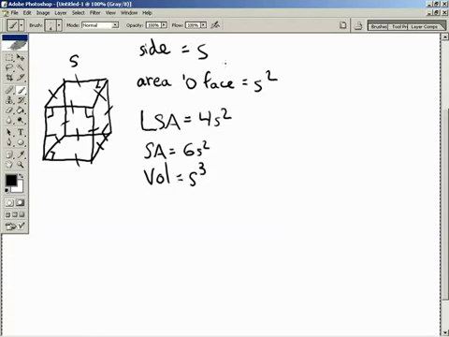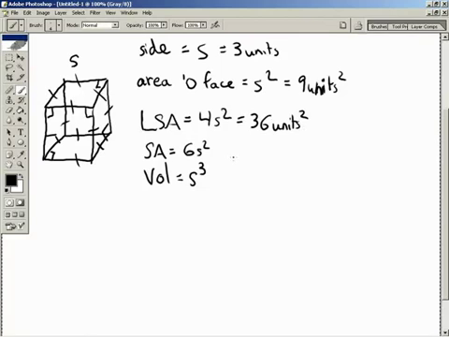So, if the side length was equal to 3 units, then the area of a face is 3 squared, so 9 units squared. The lateral surface area is 4 times the area of a face, so 4 times 9, which is 36 units squared.